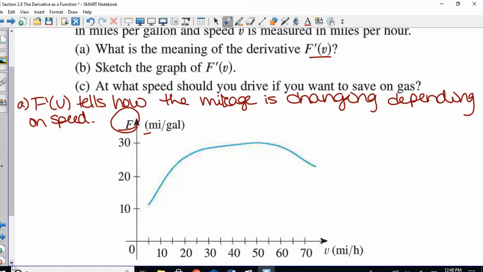Or you could say it's the instantaneous rate of change. It's telling us what is happening to our fuel economy.